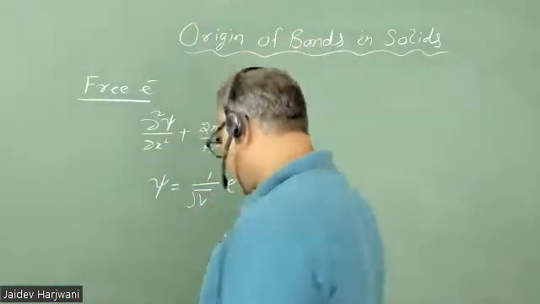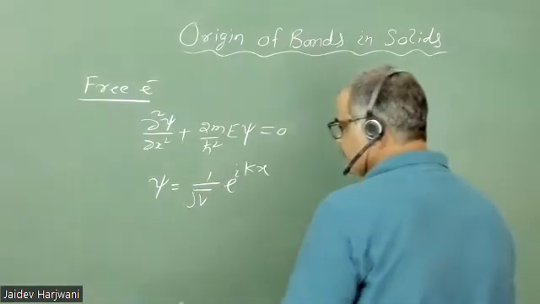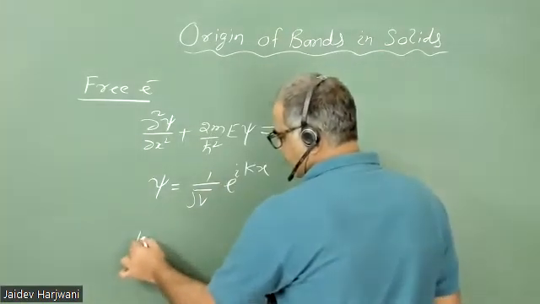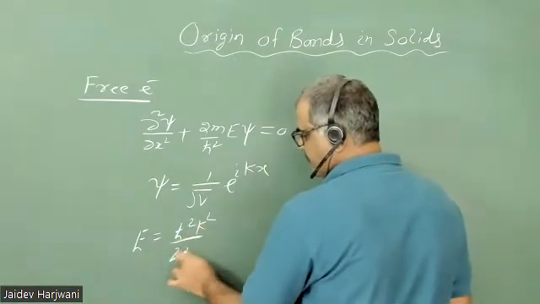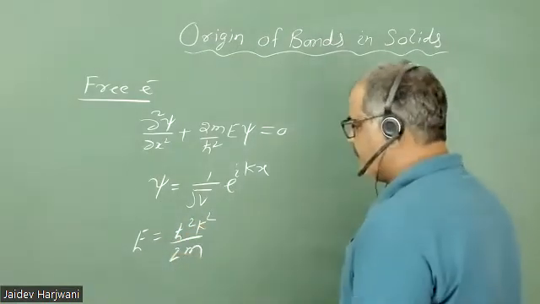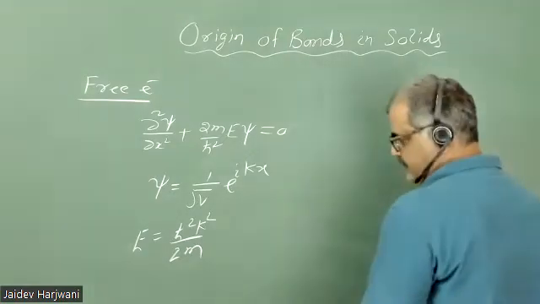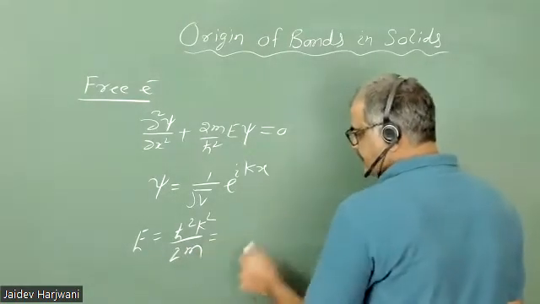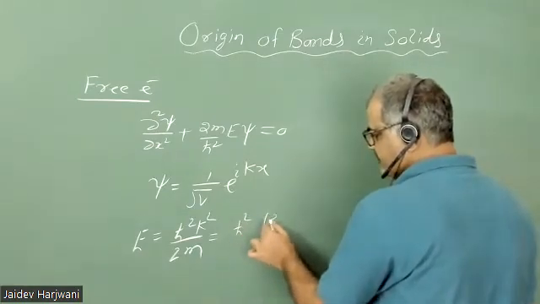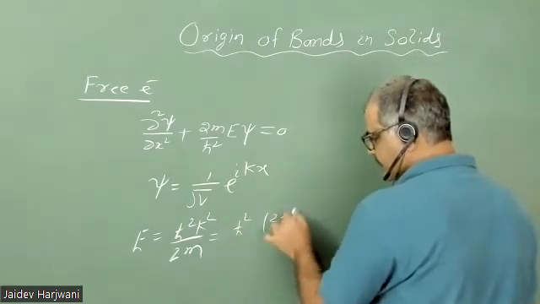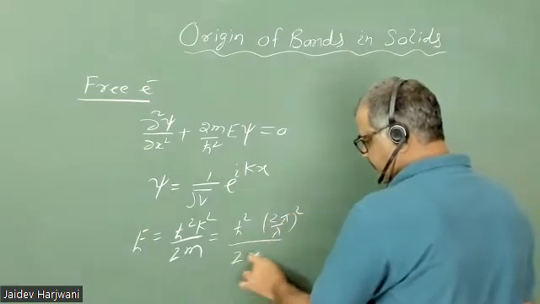If I write the energy of this free particle, I can write h cut square k square by 2m. K is a wave vector, which is given by 2 pi by lambda, so the energy is (2 pi by lambda) square by 2m.